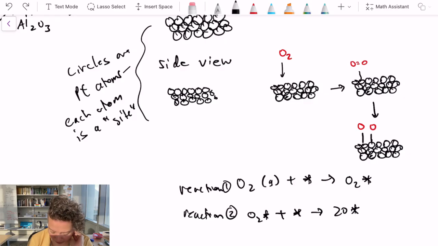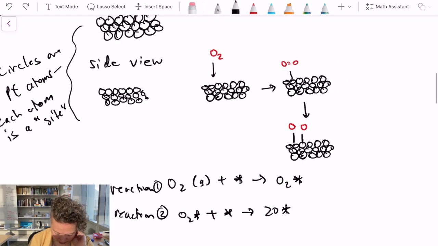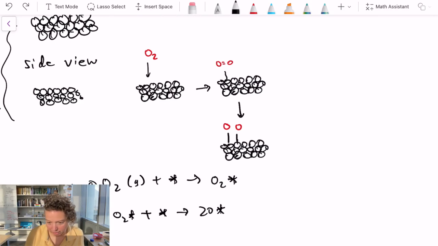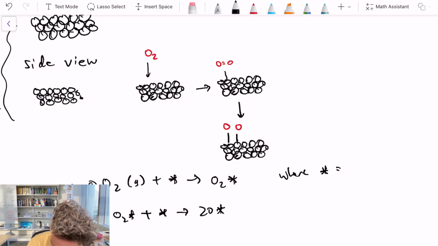When I wrote these reactions, I introduced two new forms of writing things. One is this asterisk. That denotes a catalyst site, in this case a platinum atom.